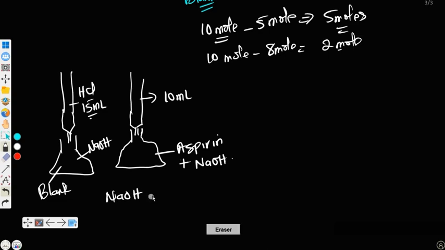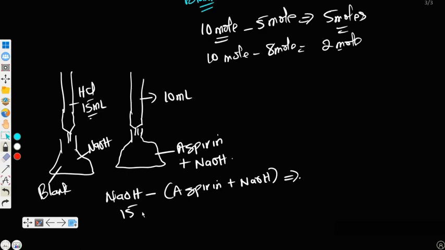Now, if you use sodium hydroxide minus aspirin plus sodium hydroxide, what will that give us? Sodium hydroxide, what was the amount of mil that you have here? 15 mil. True or false?